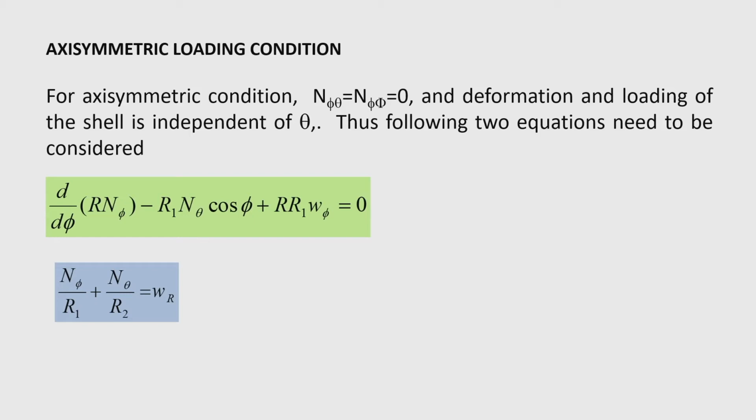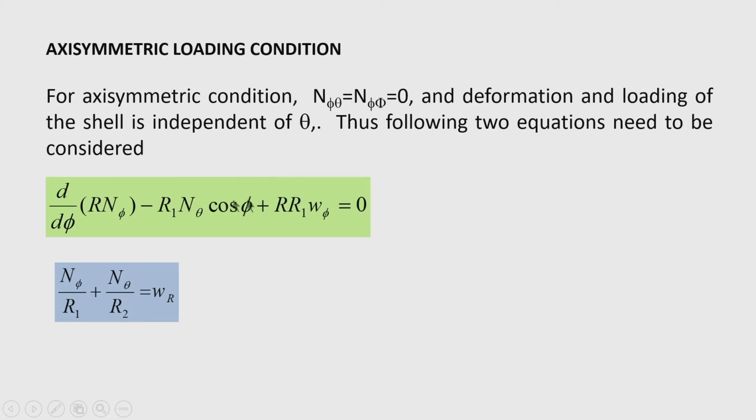So, these three equations we have obtained for any general kind of loading, but when we consider the axisymmetrical condition that N theta phi equal to N phi theta equal to 0, all the stress, deformation and external loading are independent of theta. So, therefore, the equations have been reduced to two.